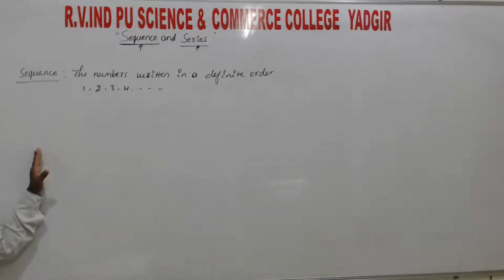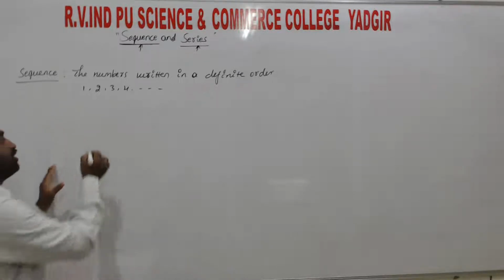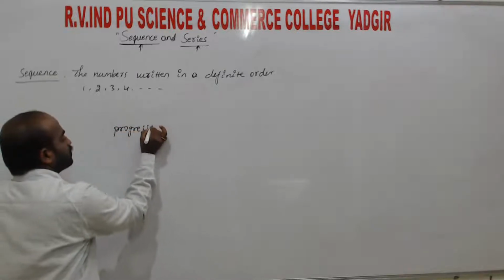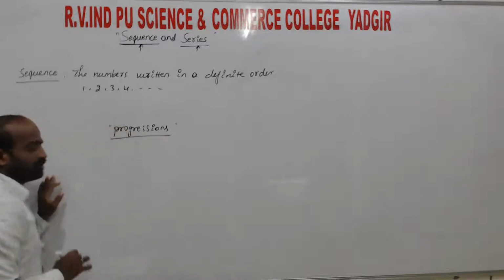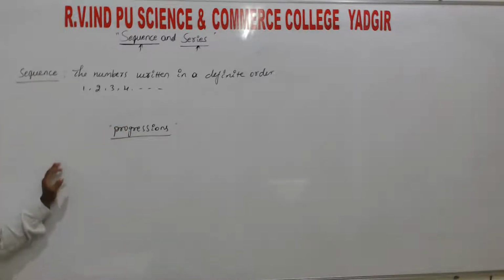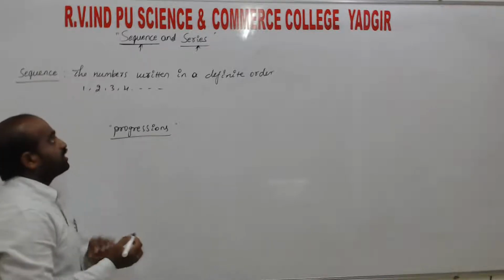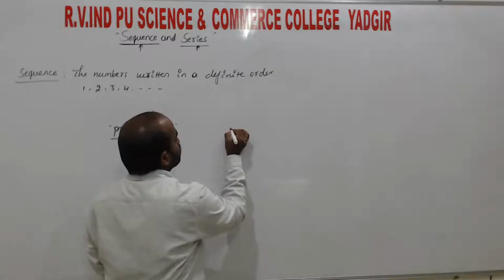Sequences following specific patterns are called progressions. In this, there are 3 types actually.